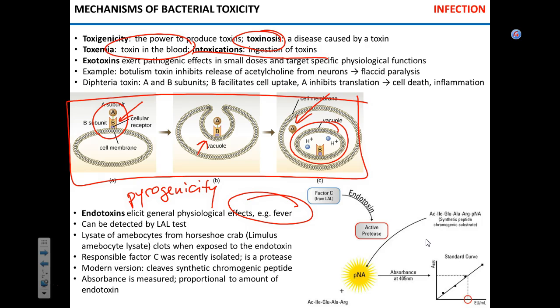There are two ways to test for pyrogenicity. One, to use animals. It's usually rabbits. I told you before, you have a drug, you apply it exactly the same way as you apply it to humans. And then you take the rabbit, stick the thermometer up the butt, and measure the temperature.